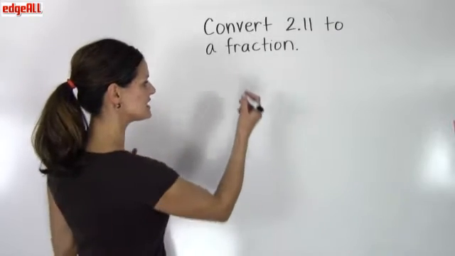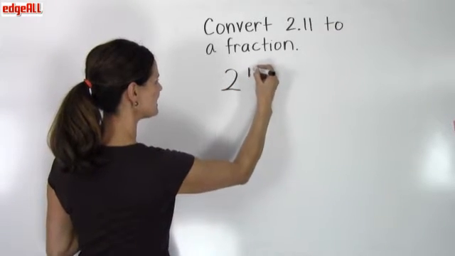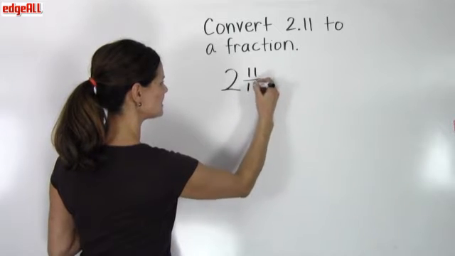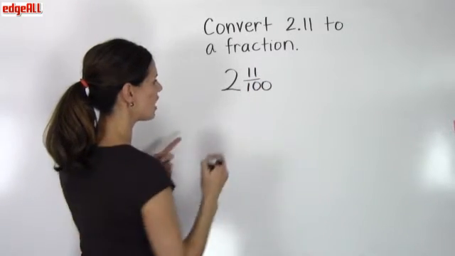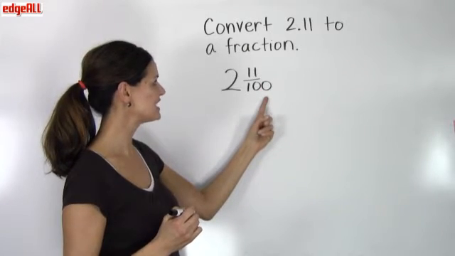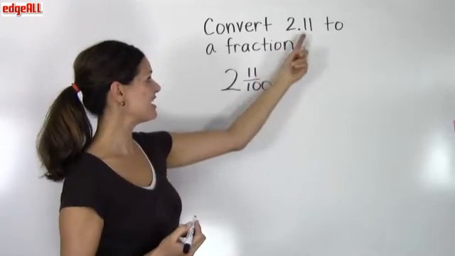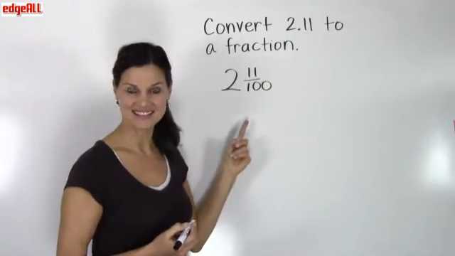If we were to write this as a fraction, it would look then like 2 and 11 hundredths, and it would also be read as 2 and 11 hundredths. This is the simplest way to convert between a decimal and a fraction.